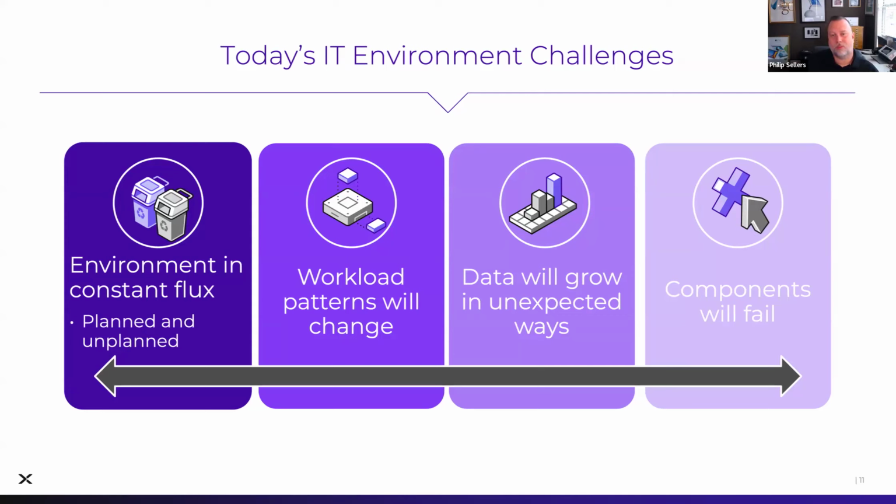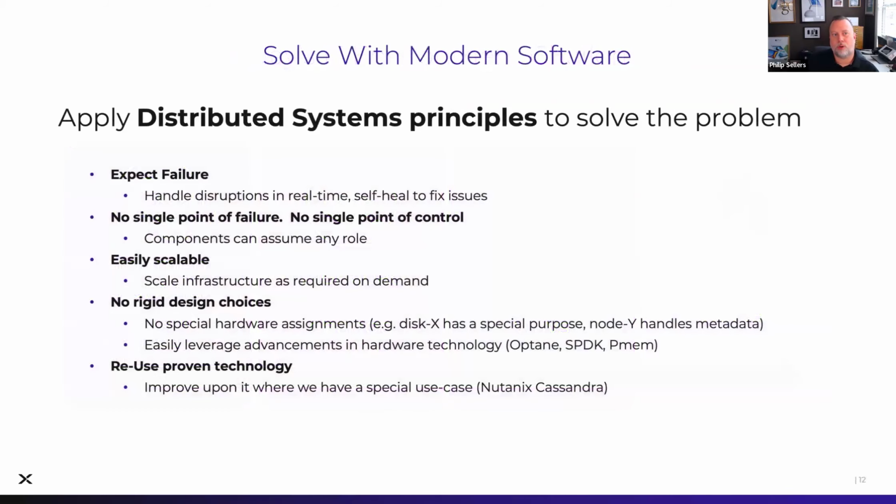And on the other side, we also know we're working with hardware components. They're going to fail. They're going to have issues. What we believe is that a modern approach applies a distributed system principle to solve these problems. We should expect failure, and we should be able to handle failure in real time with self-healing technology so that it automatically fixes the issue without human intervention.